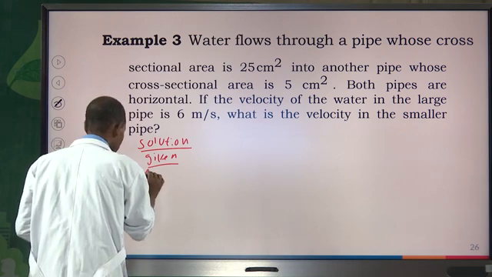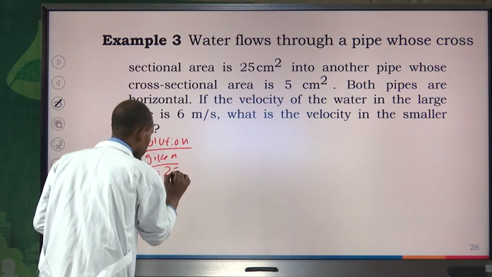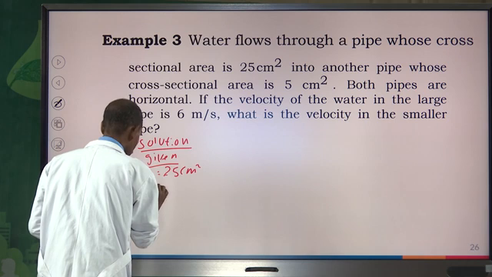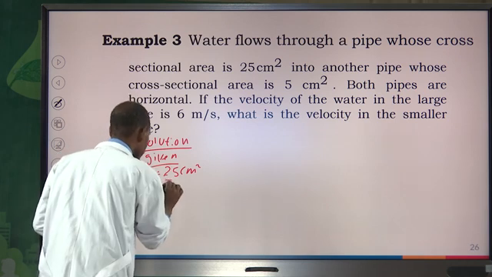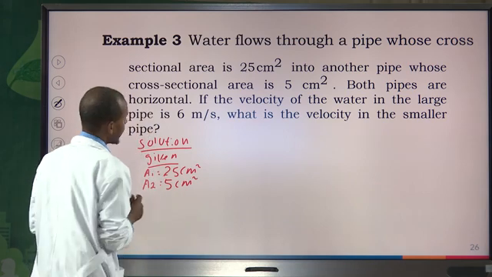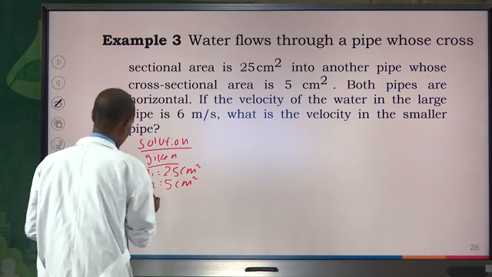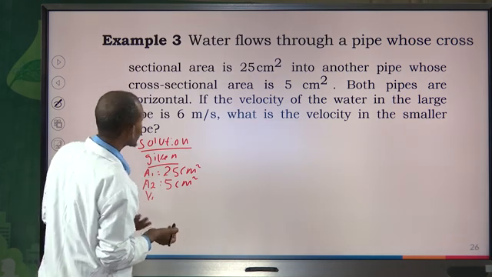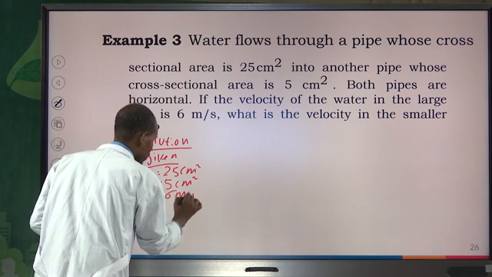A1 is equal to 25 centimeter square, and area 2 is equal to 5 centimeter square, and V1, that means the velocity in the larger pipe, is equal to 6 meters per second.